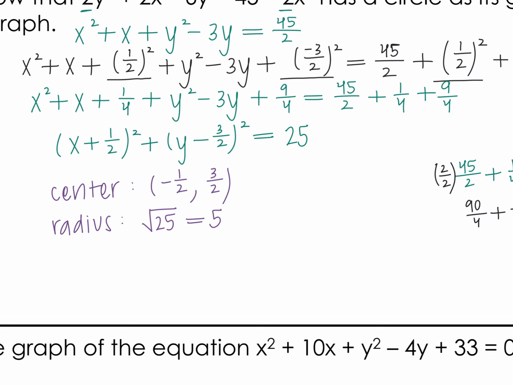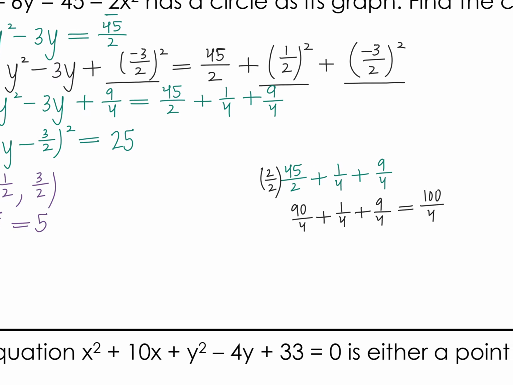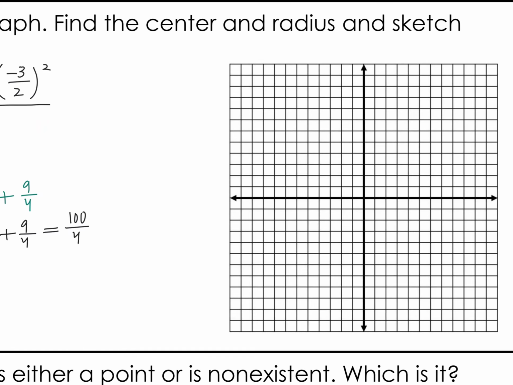All right, so now let's come over here and plot it. We'll go left 1/2, and then we're going to go up 1.5. Okay, from there, once again, we're going to plot 4 points using that radius of 5. So 1, 2, 3, 4, 5.